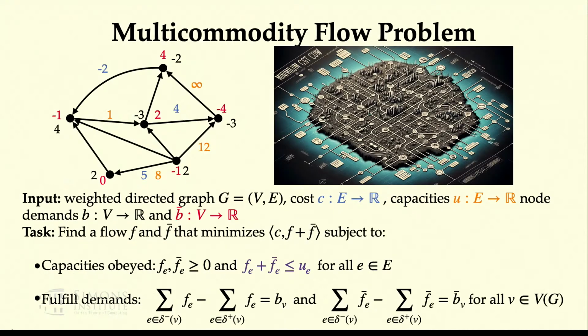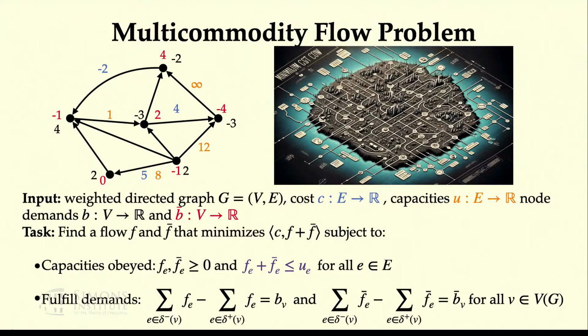The multi-commodity flow problem is essentially the same, except that you now route multiple flows for multiple demand vectors b. So in our case, I have a second demand vector b-bar that you have to route through the same network. These instances would be essentially separable if I wouldn't link the two flows by the edges that they share.